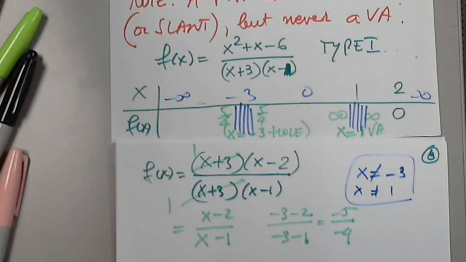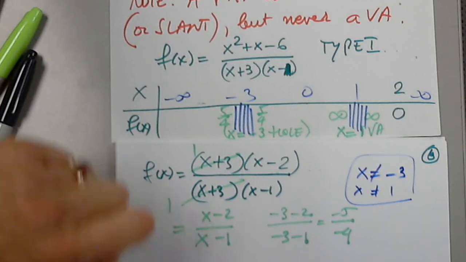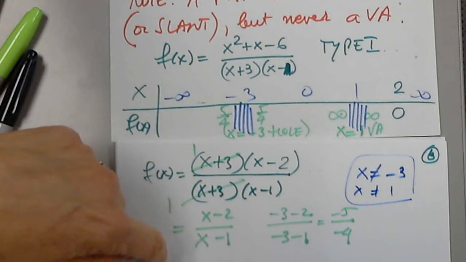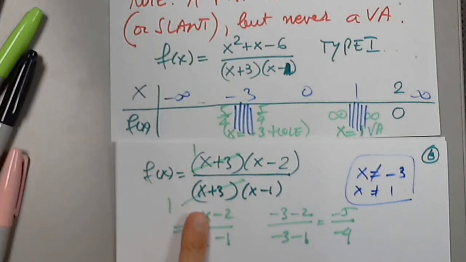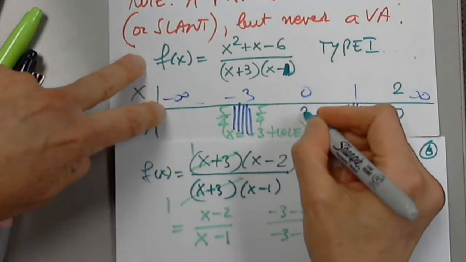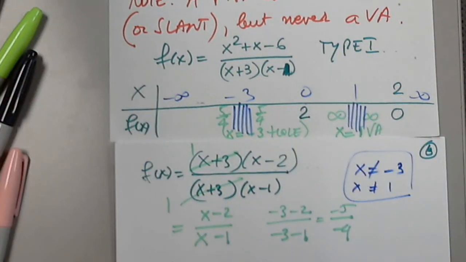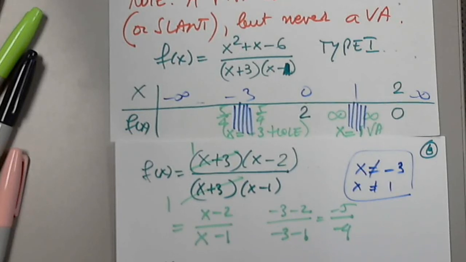When x is 0, either here or here, it doesn't matter. When x is 0 is 2. Good. What do you think about the end behavior? Last thing before we graph it. What is the end behavior for type 1?